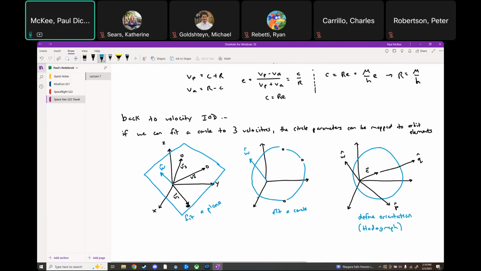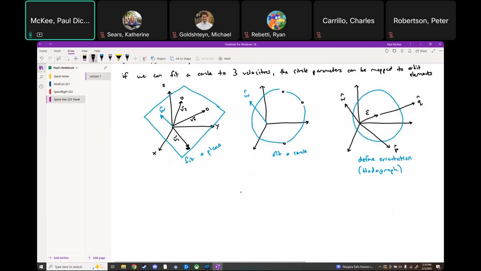Okay. So now that we've seen it graphically, let's start throwing some equations at the problem here. First, we want the plane normal vector W. And in this case, we see that W must be perpendicular to all of the velocities, right?